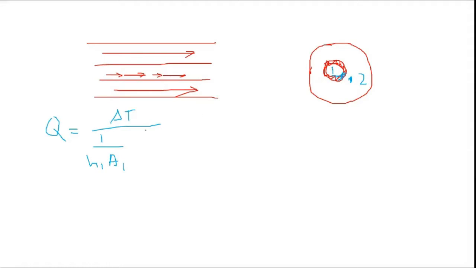Plus, I'll write the second resistance as resistance due to conduction. And the third resistance as 1 divided by H2 multiplied by A2. Can we say that this is the relation for heat transfer? Yes or no? Yes, sir.